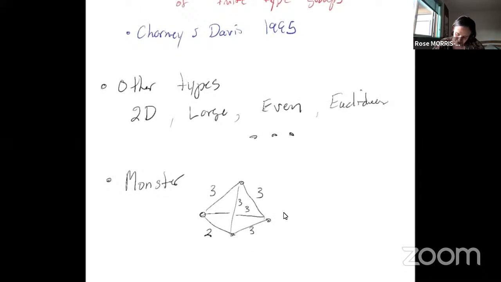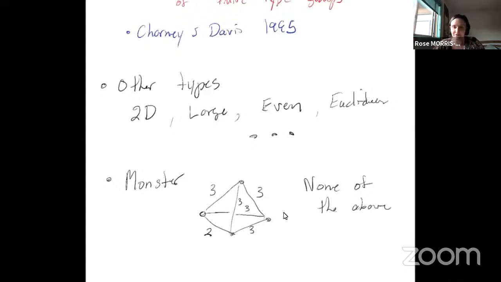And I just wanted to point out this is none of the above. This is not finite type, it's not right-angled, it's not FC type, it's not 2-dimensional, it's not large, it's not Euclidean, it's none of these, right? This is an example of the kind that we know absolutely nothing about. And it looks pretty simple on paper.